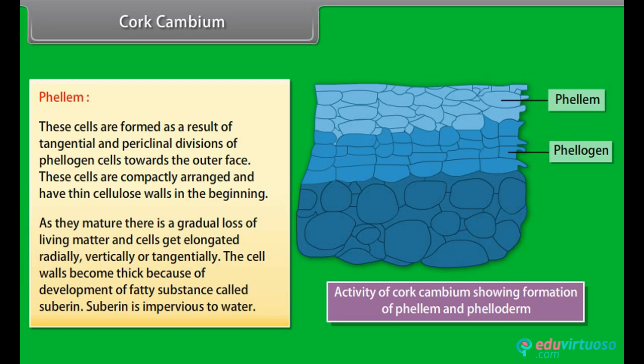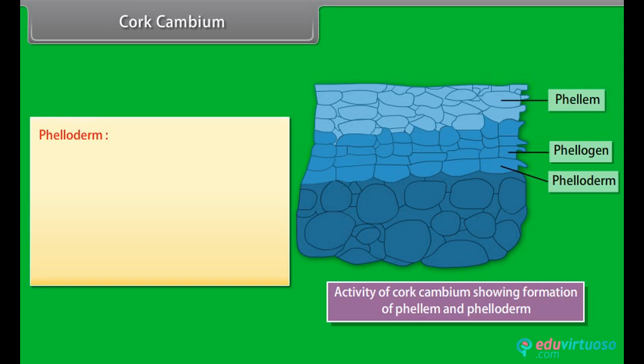As they mature, there is a gradual loss of living matter and cells get elongated radially, vertically or tangentially. The cell walls become thick because of development of a fatty substance called suberin. Suberin is impervious to water. Phelloderm.